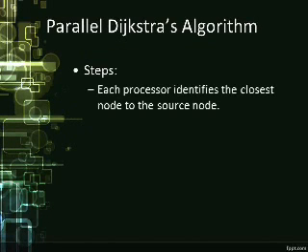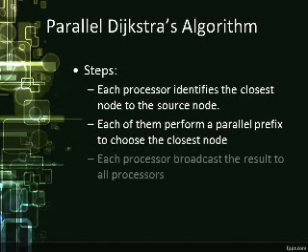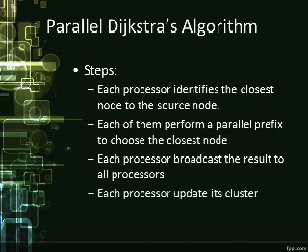Firstly, each processor will identify the closest node to the source node, and then each of them performs parallel prefix to choose the closest node, and then each of them broadcasts the result to all other processors, and finally each processor updates its cluster.